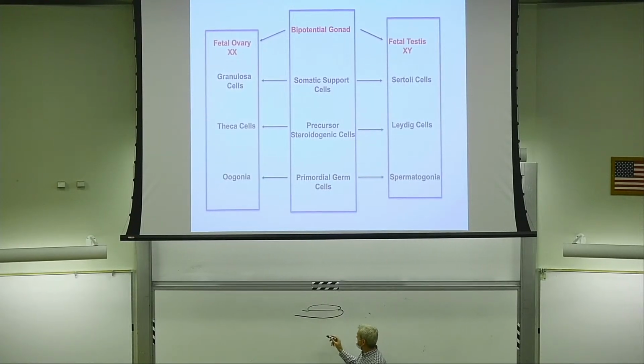So no identity here. When it has no identity, one of the cell types that are present are called somatic support cells. What is a somatic cell?